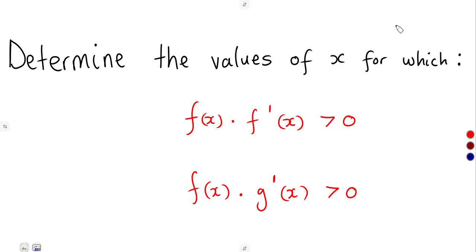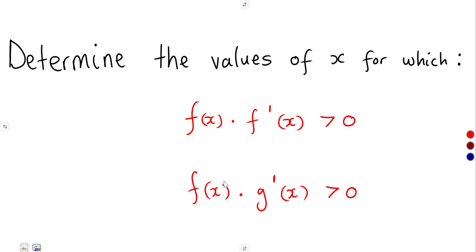So in this case, we are going to consider this part as a continuation, looking into questions where a function multiplied to its derivative can be greater than 0, greater than or equal to, less than 0, or less than or equal to 0.